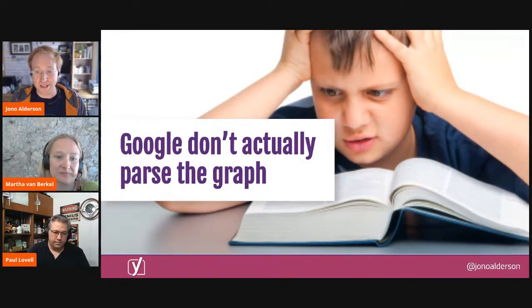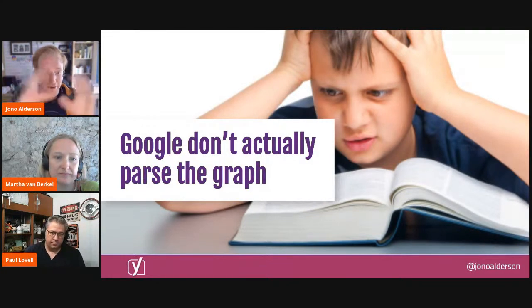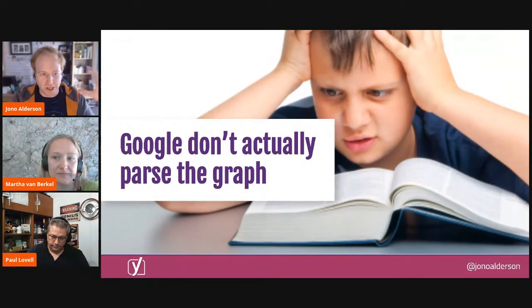Google do nothing with it. They don't actually parse and understand those relationships at any point. They just look through the strings of code and see if they can find an exact string match to the thing that that particular team is looking for. And then there's all sorts of nuance around how that works. They will only show your logo in search results if it's attached to an organization which has a certain directionality in the graph.